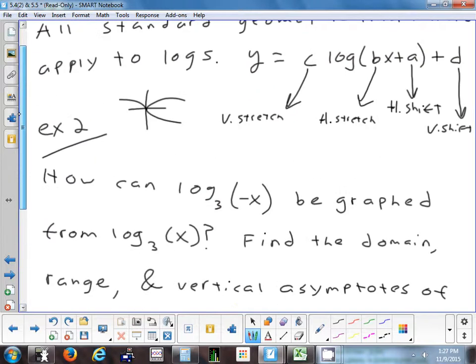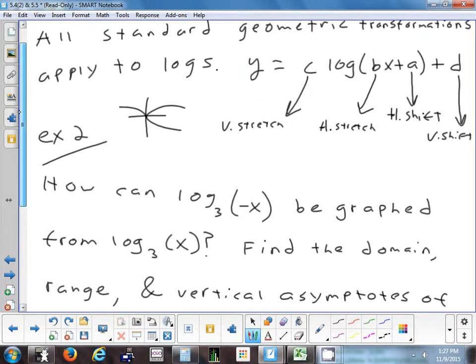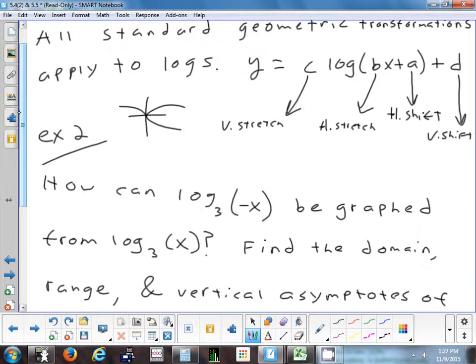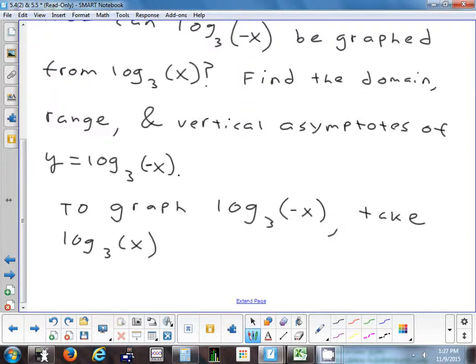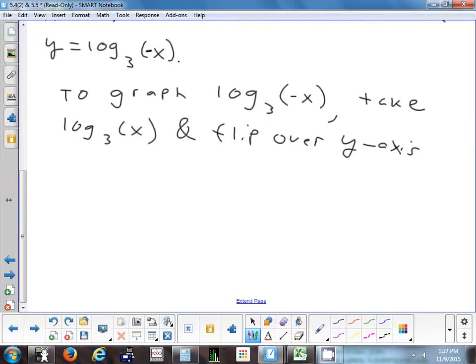It's like putting a negative where B is. Yeah? Which way is it going to flip it? Over which axis? Yeah, it's going to flip it horizontally over the y-axis. So to graph that, you would take this one and flip it over the y-axis. Okay, so now let's find our domain and range.